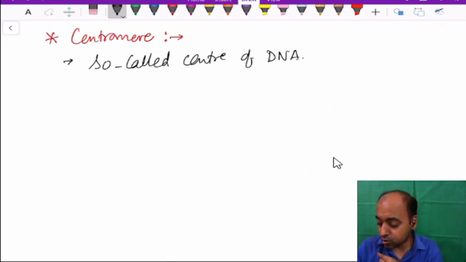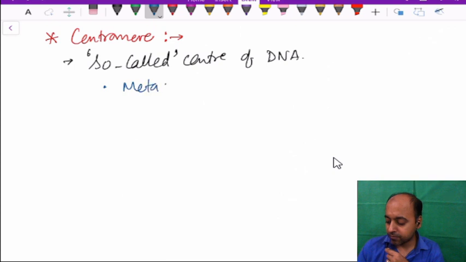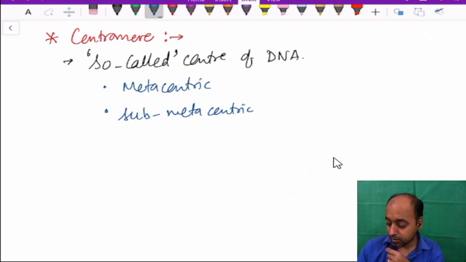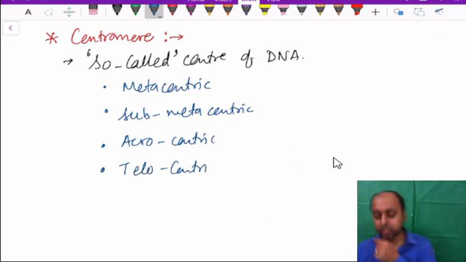Label it as a so-called center of DNA because it is not always in the center. It may be in the center, it may be slightly shifted from the center, submetacentric, it may be tilted towards the end, acrocentric, or it may be right at the tip of the end when we call it the telocentric. So the centromere need not always be at the center. It can be metacentric, submetacentric, acrocentric, or telocentric.